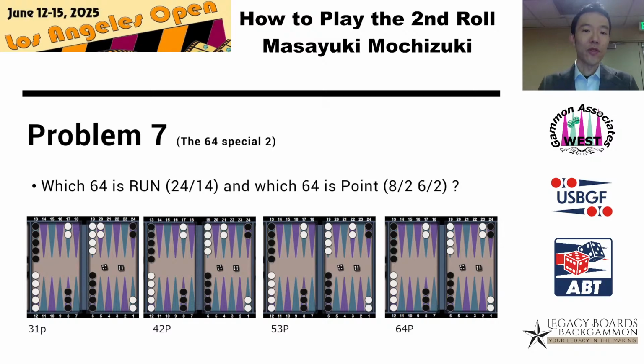Okay, so 6-4 special, number 2. I'm showing 4 different positions. First one, white started with 3-1. Second one, started with 4-2, now 5-3, and 6-4. And black rolls 6-4.